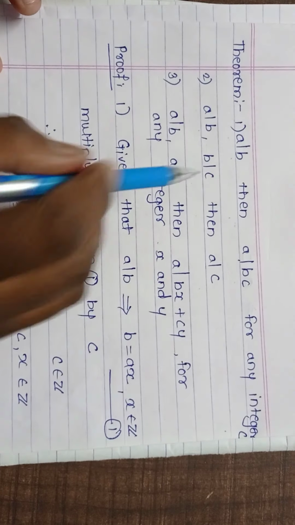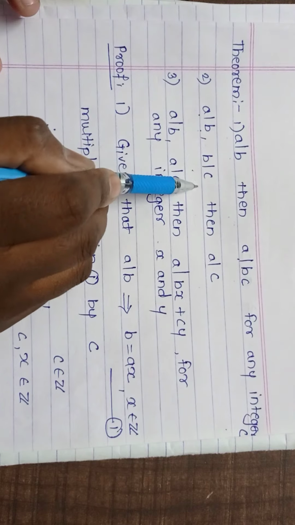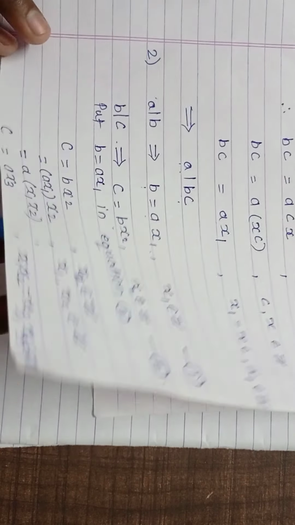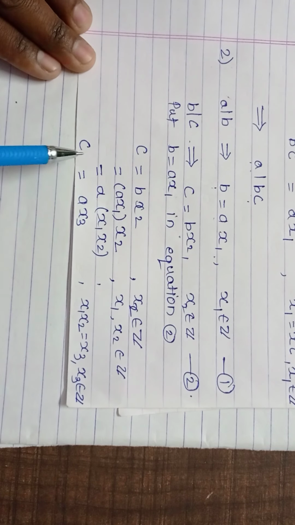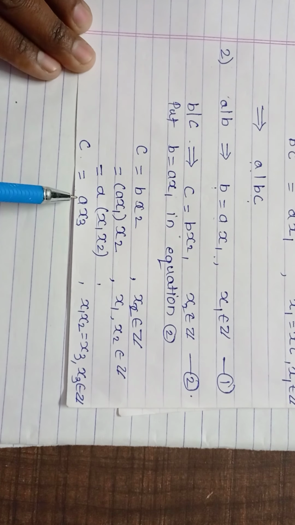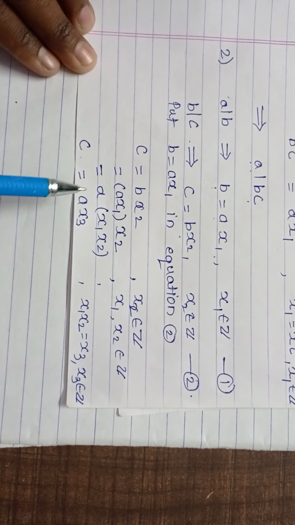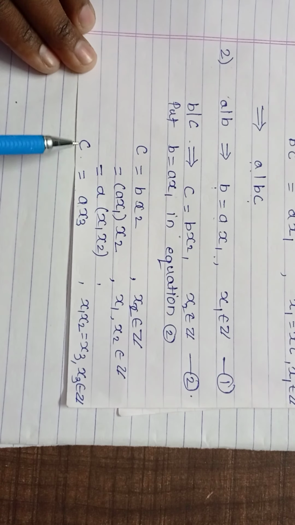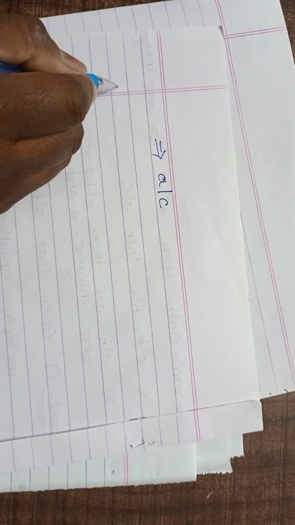Hence the proof. What did we have to prove? If a divides b and b divides c, then a divides c. Therefore c is equal to a x3, and by the definition of divisibility we can say that a divides c.